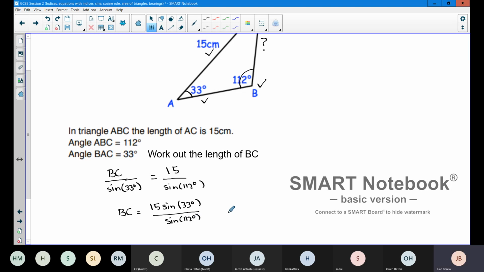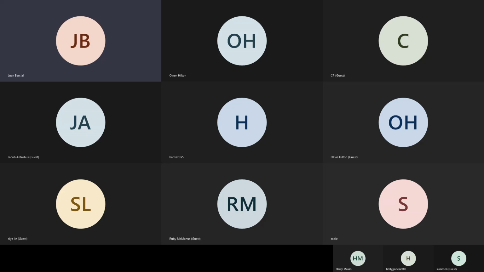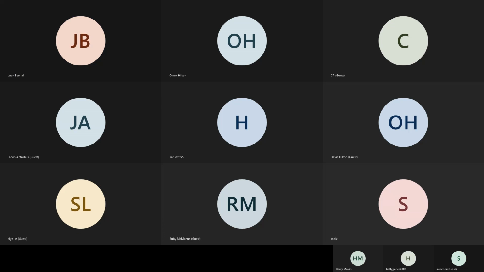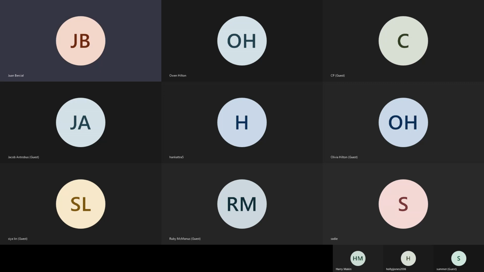We can put this in our calculators. So as I said, for BC, the sine goes to the other side. And then I'm going to share my calculator with you to show you how we write this. So stop sharing this. I will share a calculator.